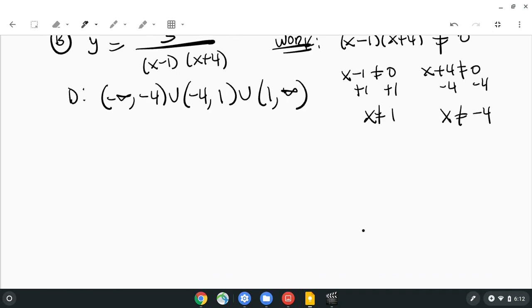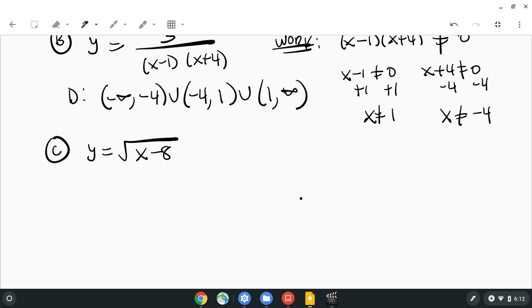All right, let's take a look at radicals. If you have something like this, square root of x minus 8, what happens here is if we take the square root of a negative number, then we end up with an imaginary result.